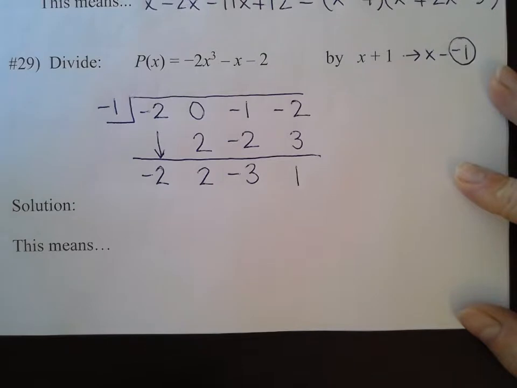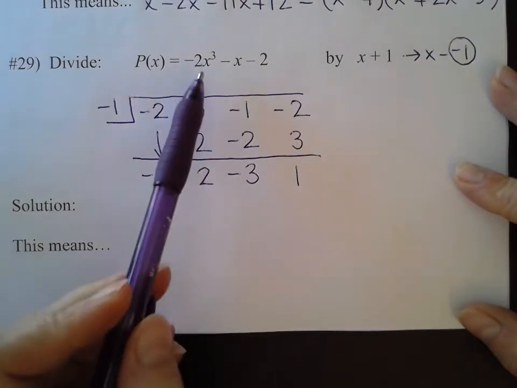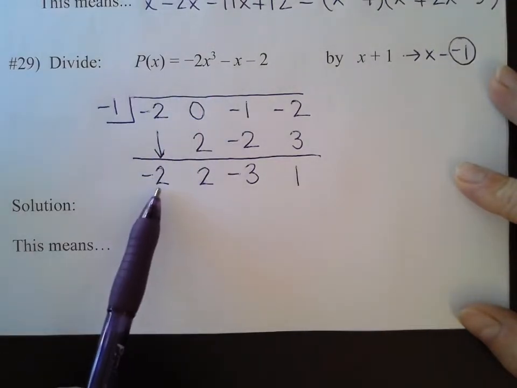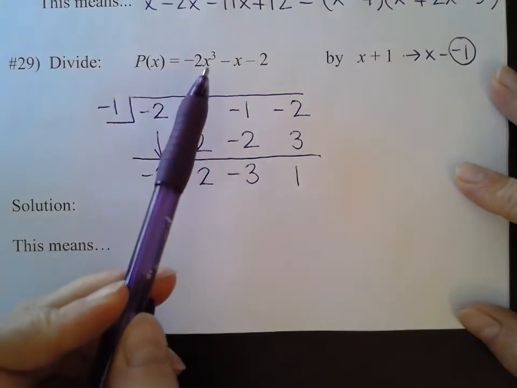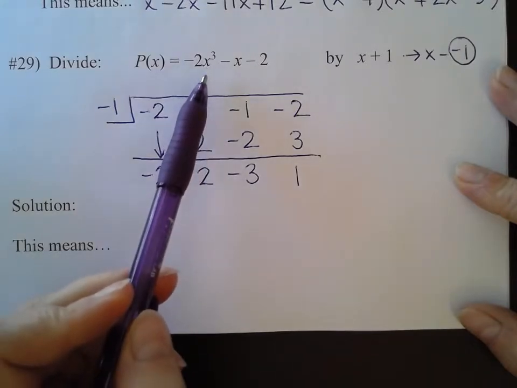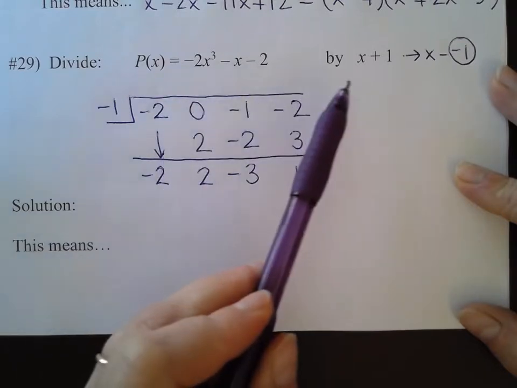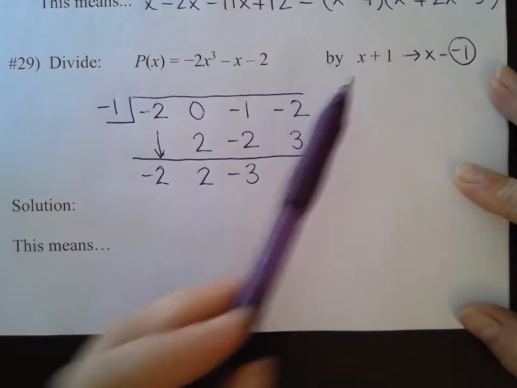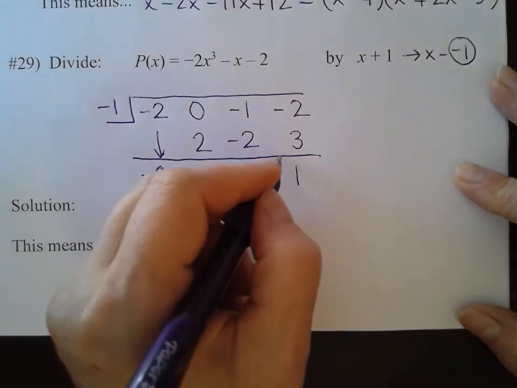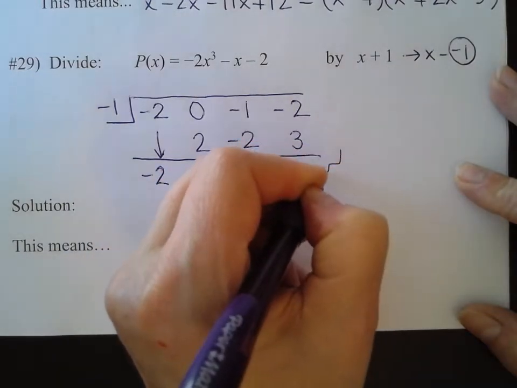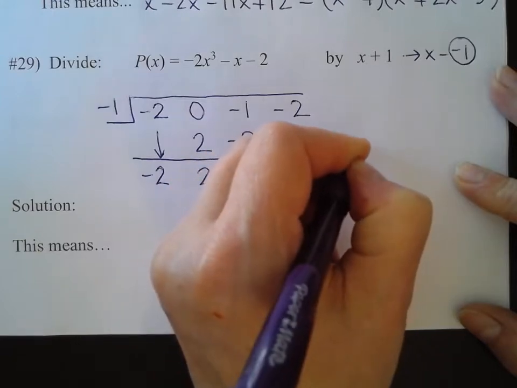Okay, and just like before, these are the coefficients for the quotient, the degree is going to go down by 1. So our original polynomial was x cubed, but we're dividing by something that's x to the first, so our solution is going to be starting with x squared, -2x squared. And again, this is the remainder.